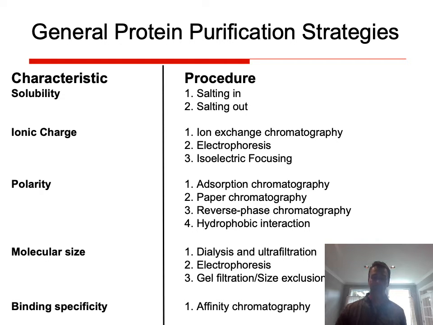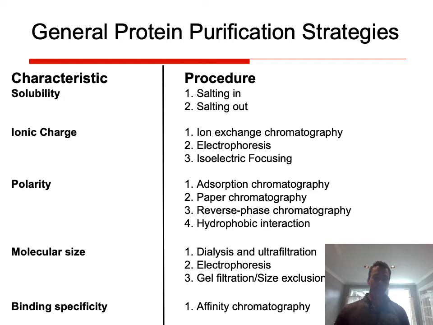Isoelectric focusing exploits the pI of the protein to separate proteins for analysis. You can also exploit the polarity of the protein by using various chromatographies such as adsorption chromatography, paper chromatography, reverse phase or hydrophobic chromatography, and I'll talk through what those are.